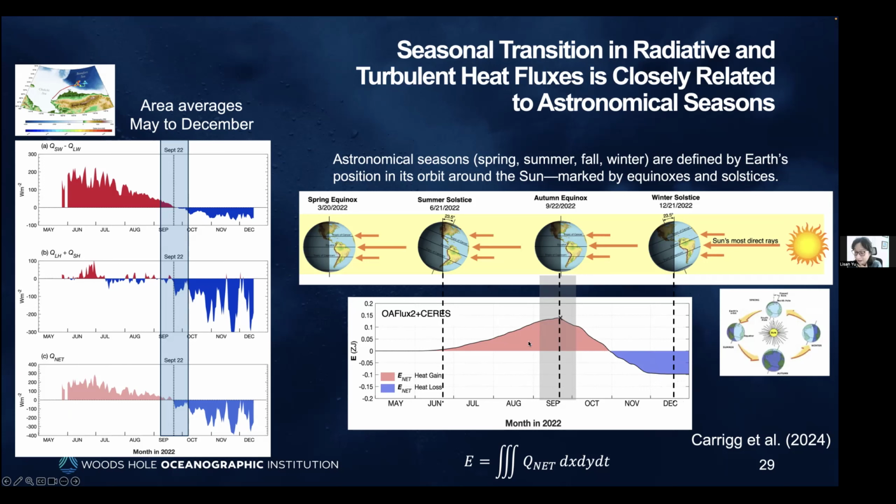But apparently the Arctic seasonal transition is closely linked to the astronomical seasons, and it is driven by solar radiation. That is a paper led by our summer student, Joe Carrick, published last year in JGR Oceans.